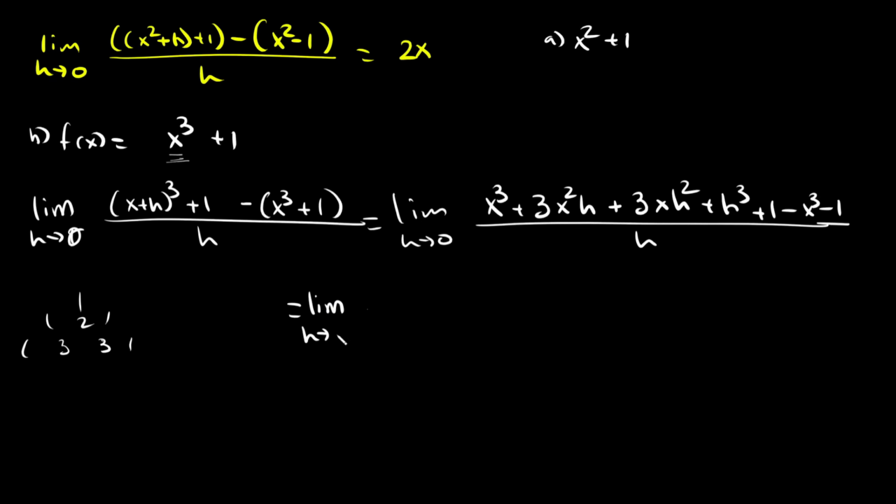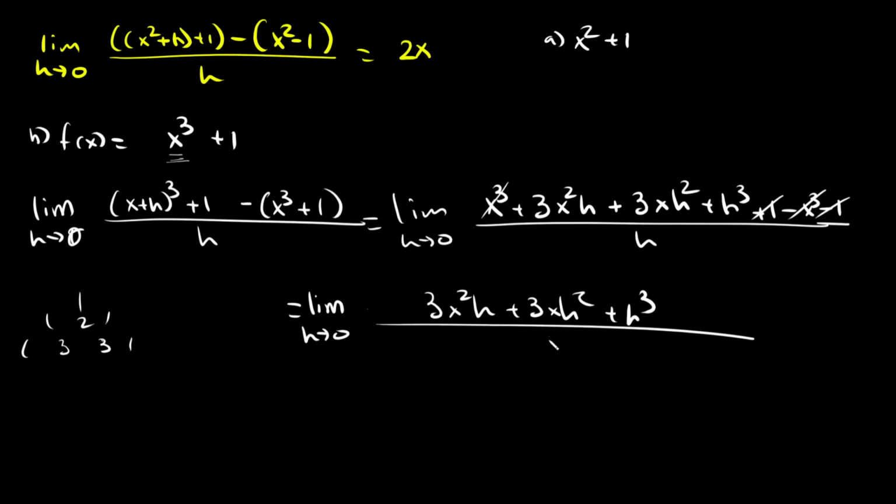Right. So now we just need to simplify it. My x to the power of 3 cancels out with my x to the power of 3. My 1 cancels out with my minus 1. And we are left with this equation. Okay, so we're left with this equation right here. And you guys know where this is going. I'm gonna factorize my h.